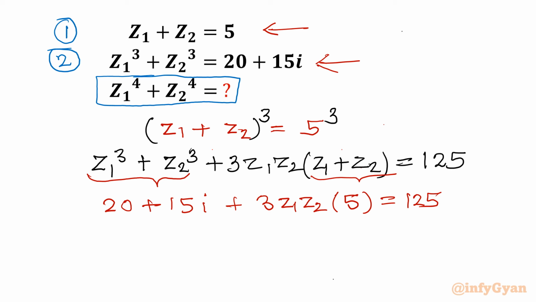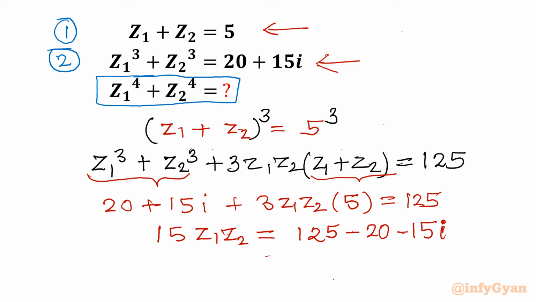Now I will take 20 plus 15i to the RHS. So I can write 15 z1 z2 equal to 125 minus 20 minus 15i.